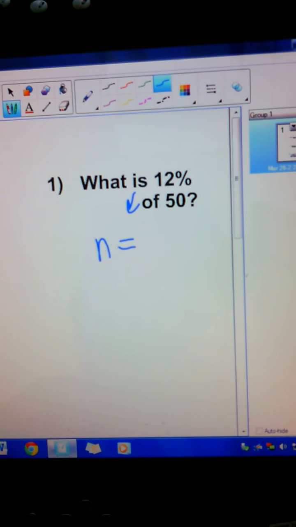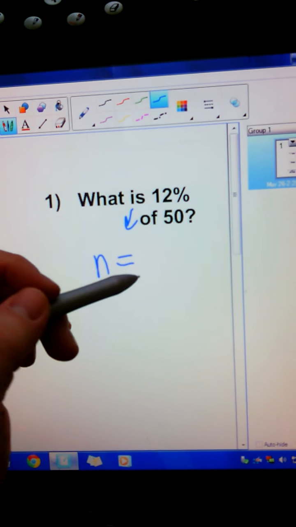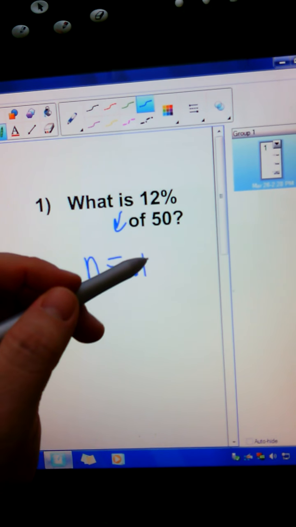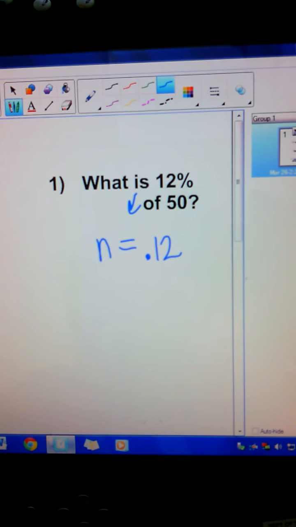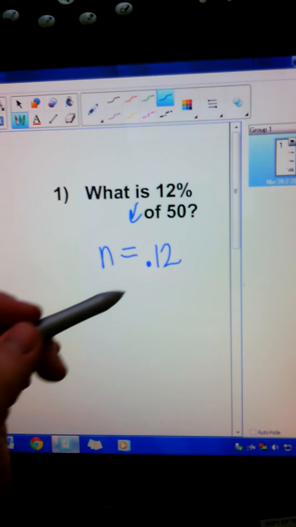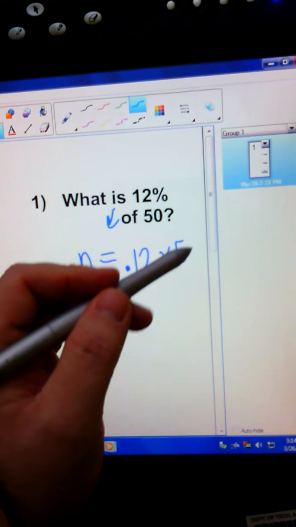Now, if you are given the percent, you must convert it into a decimal. In this case, 12% becomes 0.12. Of, replace it with your multiplication symbol, and then bring down the 50.